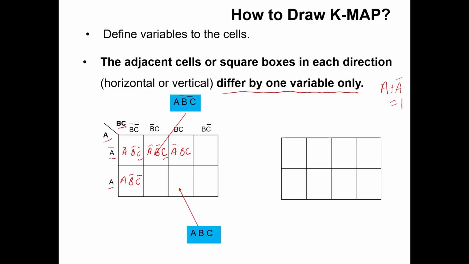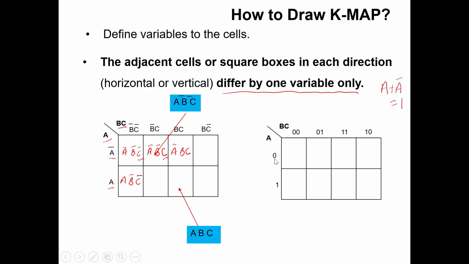The same thing can be represented in this way. As we know, 0 represents the complement of a variable. Here we have the variables B and C, so it comes out to be B complement C complement, B complement C, BC and BC complement.